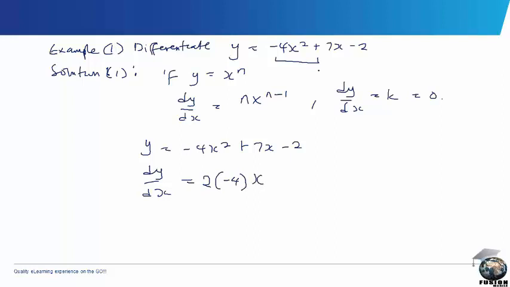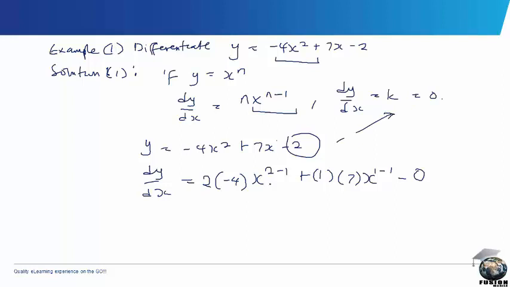And for the x, we have to subtract 1 from the power of x. The same thing happens to 7x. We bring down the power of x in 7x, which is 1, we leave 7 where it is, and then we subtract 1 from the power of x. Alright, for 2 we'll just write 0 because the derivative of a constant is equal to 0.